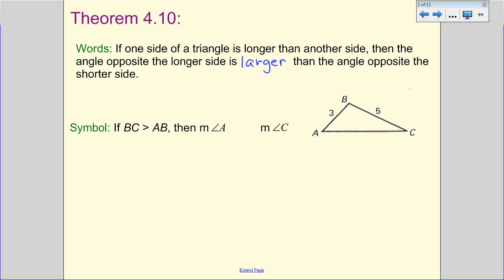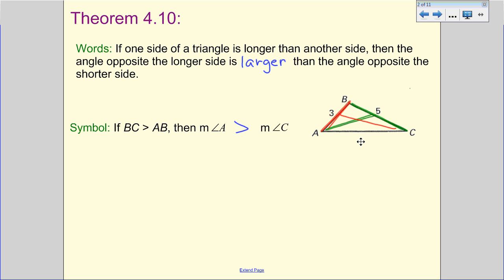So, for example, if BC is longer than AB, 5 is greater than 3, then what that means is angle A, which is opposite the 5, is greater than angle C, which is opposite the 3.